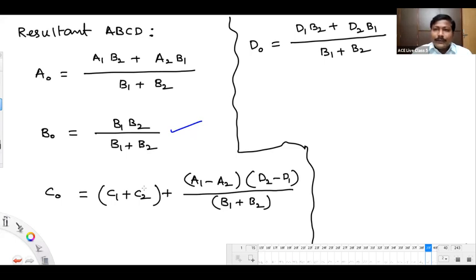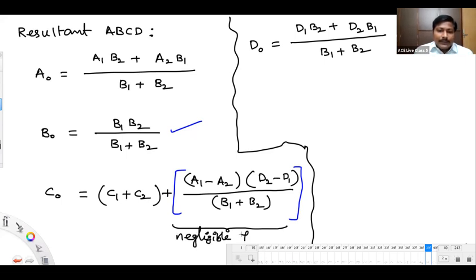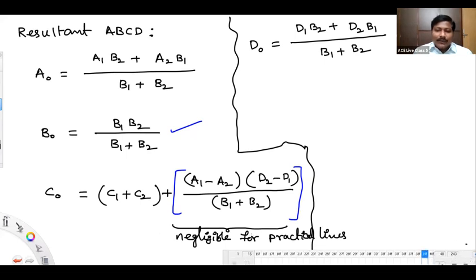And you see, the value A1 minus A2 into D2 minus D1 by B1 plus B2 will be negligibly small for practical transmission lines. It's very low. Okay. Next thing.